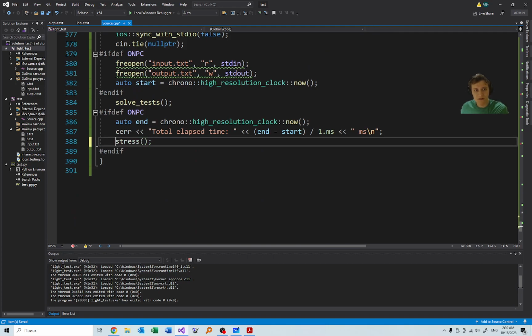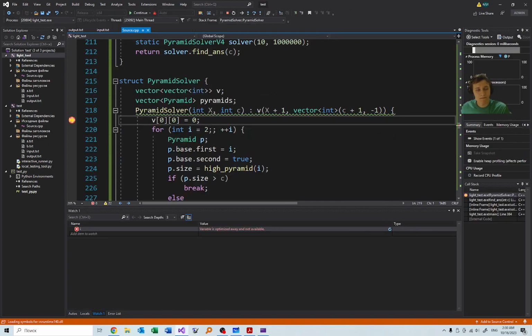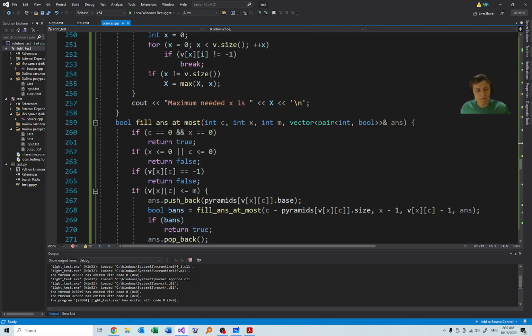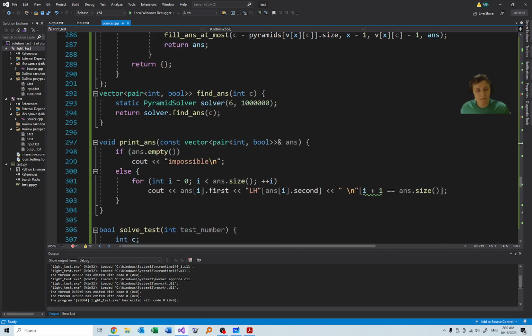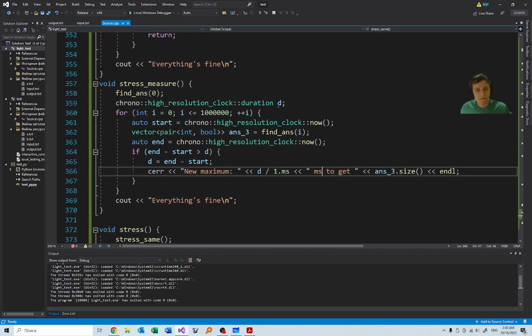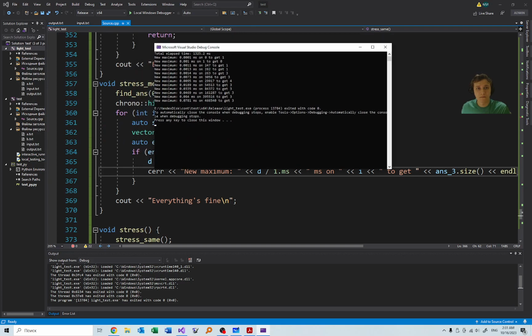And I want stress measure. Okay, it's blazingly fast. It's really fast.